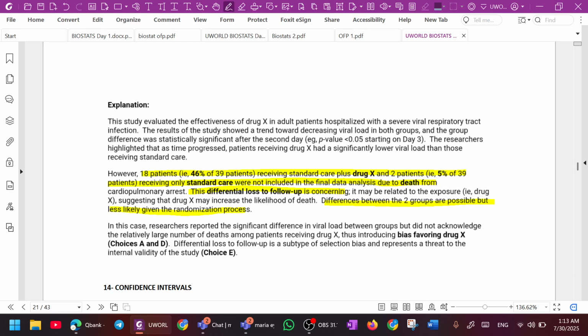But then you see 18 people die here, and only 2 people die here. So maybe your treatment has really bad side effects that kill people, and that will go against the validity or the significance of the study. I think that's how I took it. Does it make a little bit of sense? Yes. Okay, now I read the explanation.